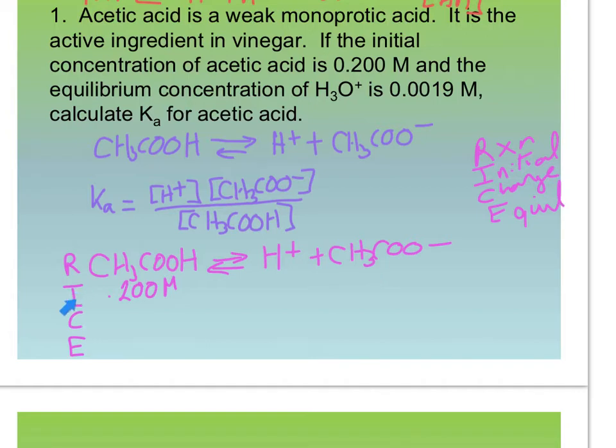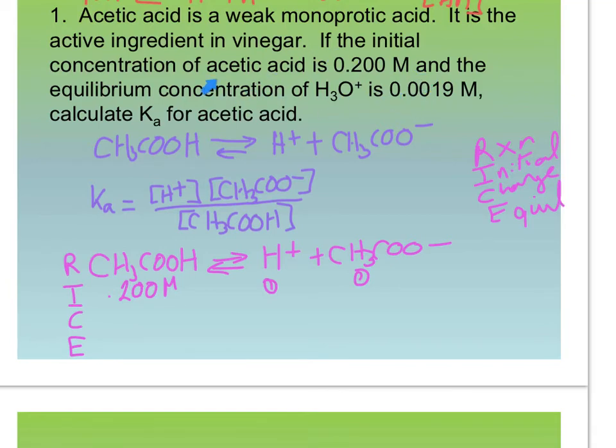Well, at the very beginning, before the reaction takes place, I have reactants. I don't have any products, right? At the very beginning of the reaction, initially, I only have reactants. I have no products. So my products are zeros, right? Because they're products.